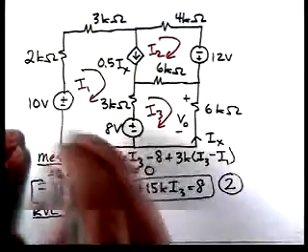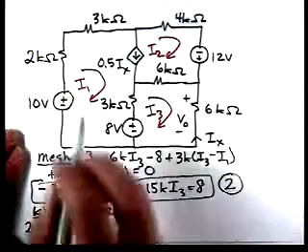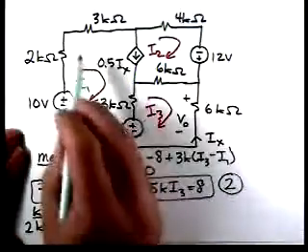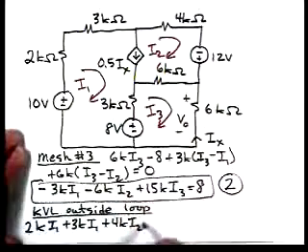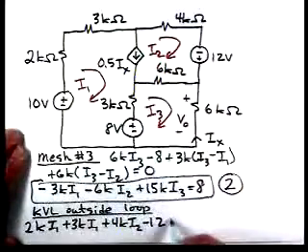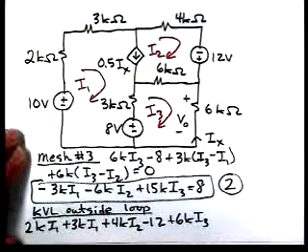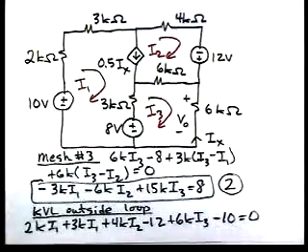we would have a drop here, 2K I1 plus 3K I1 plus 4K I2 minus 12 plus 6K I3 minus 10 equal to 0.